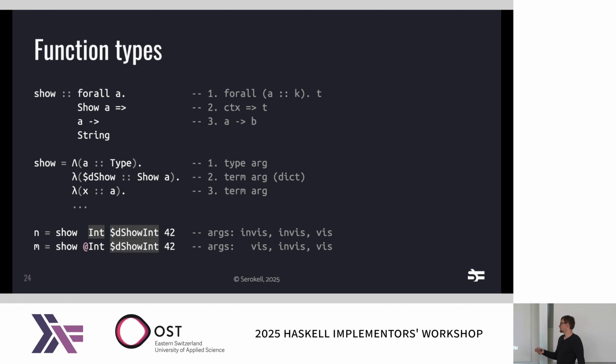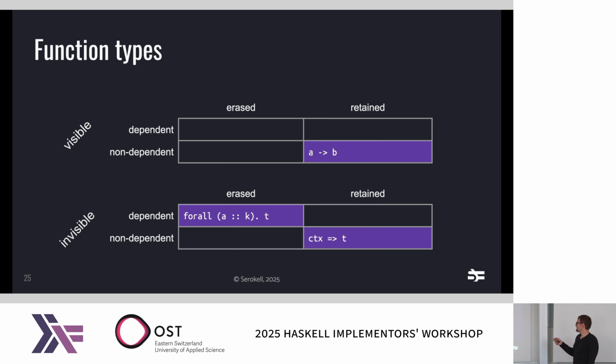So here in this line, we have invisible, invisible, visible. On this line, visible, invisible, visible, right? But it's the same call. It is precisely the same code internally for GHC. And this allows us to classify the existing function-like types into what should be a cube, but I have only 2 dimensions here.